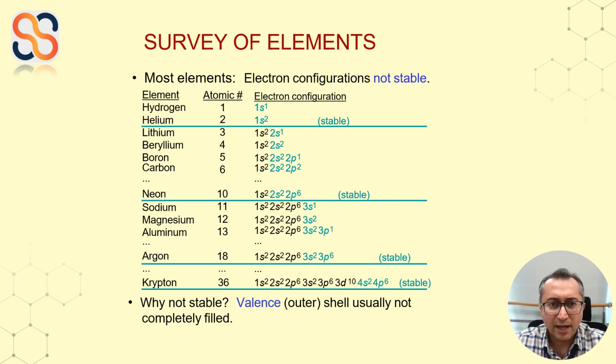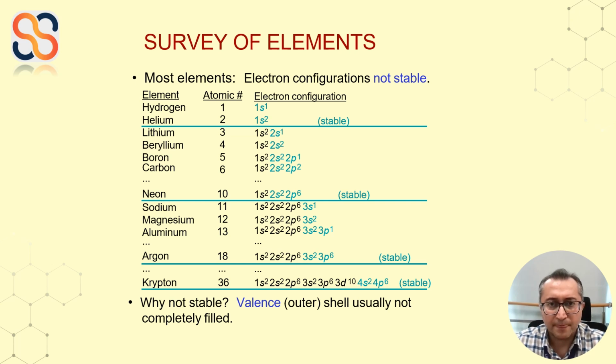But why is krypton not as stable, even though its electron configuration seems more complex? The answer lies in the fact that krypton's valence shell is not completely filled, which makes it less stable compared to the noble gases with full outer shells.